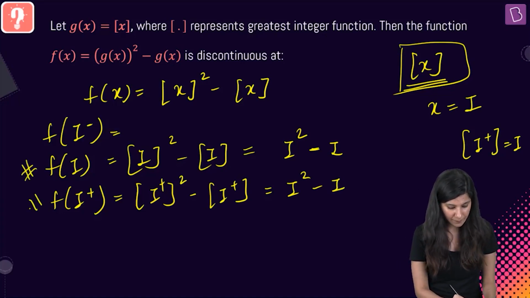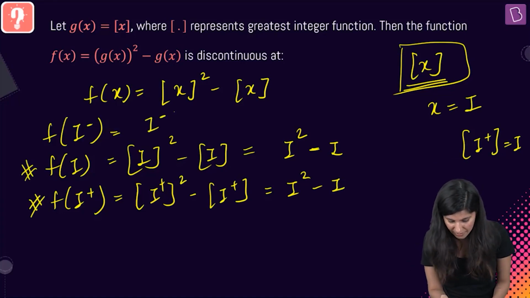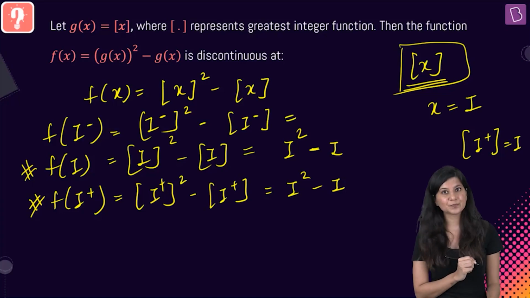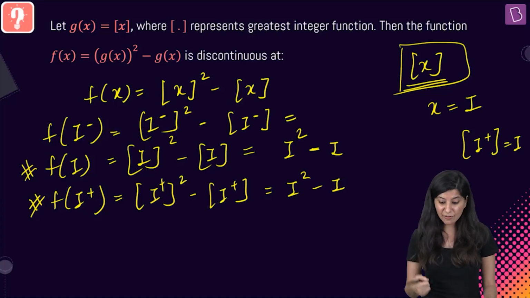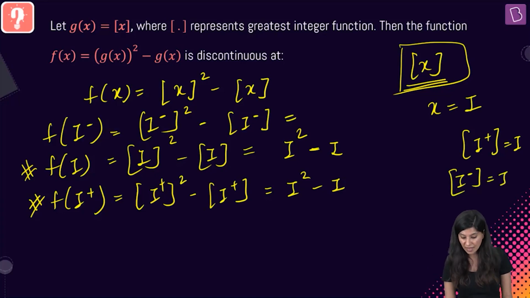These two are equal. What about f(I minus)? Let's check it out. So (I minus) whole square minus GIF of I minus. Now GIF of I minus is nothing but I minus 1. Let me show you how.